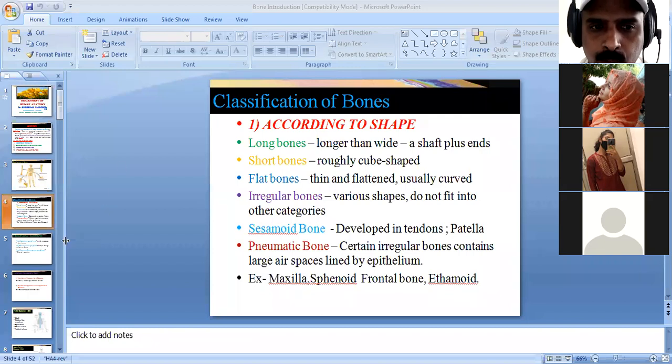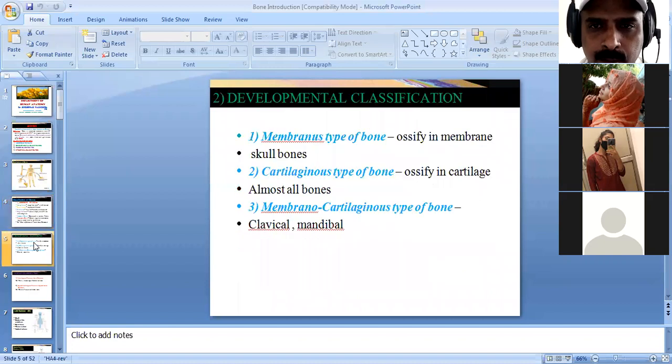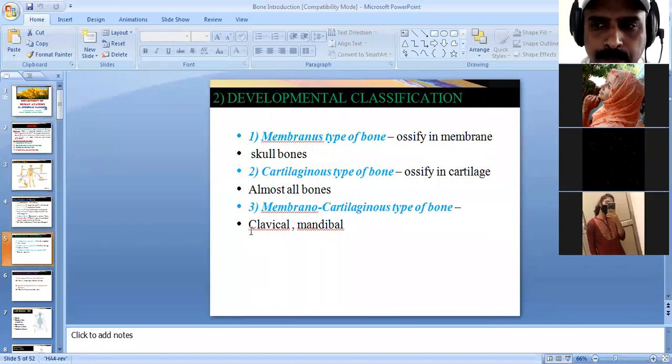Then we are going to deal with the second part, the classification according to development. As you know, bone develops in membranous and cartilaginous ways. The bones which ossify in membrane before birth, skull bones and all, we call membranous.